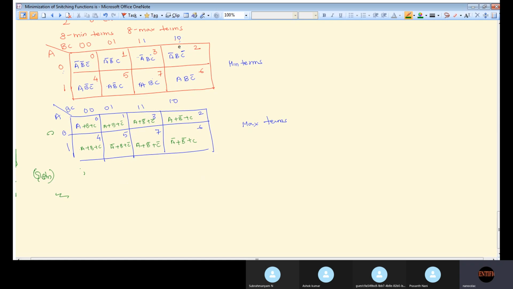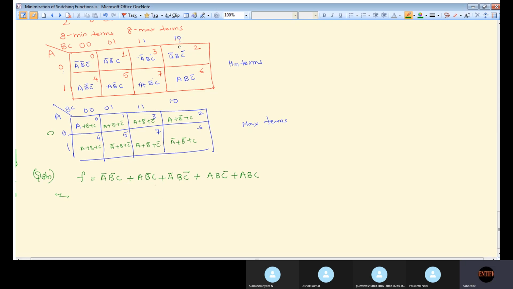So now we come to this expression, f is equal to A bar B bar C plus A B bar C plus A bar B C bar, plus A B C bar plus A B C. Okay, so this is the question.